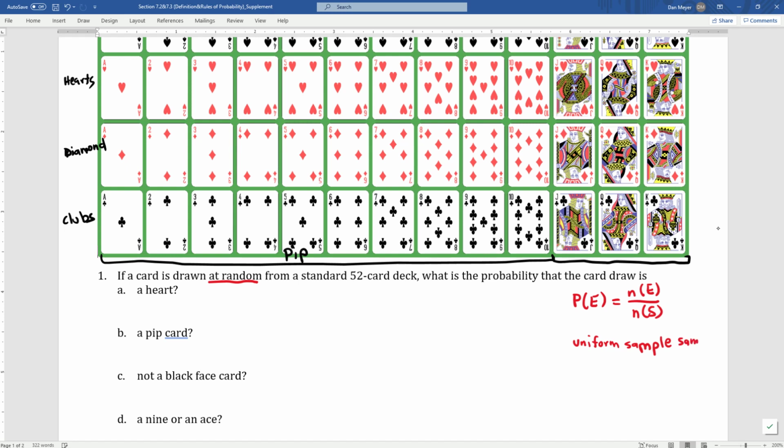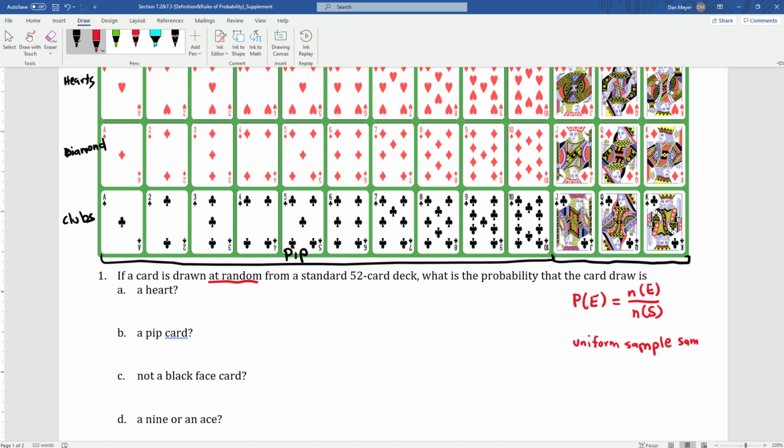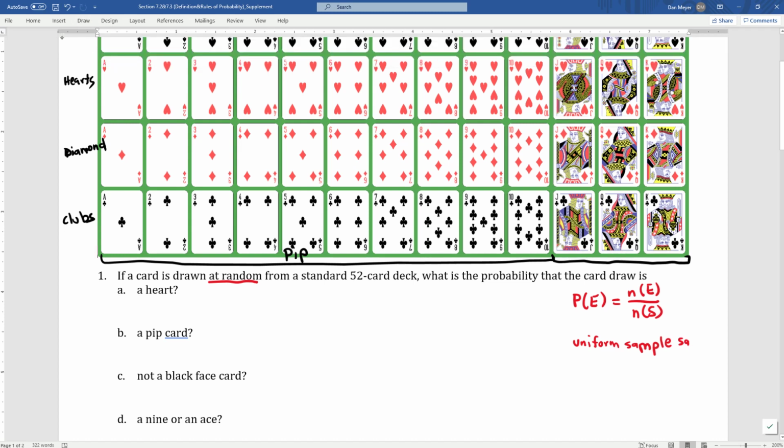So when we say that we're picking a card at random, that's the signifier that this is a uniform sample space. That again allows us to use this basic probability formula. All right, so the event in part A, we're just going to call it event A. We're not doing the number of things in A yet.